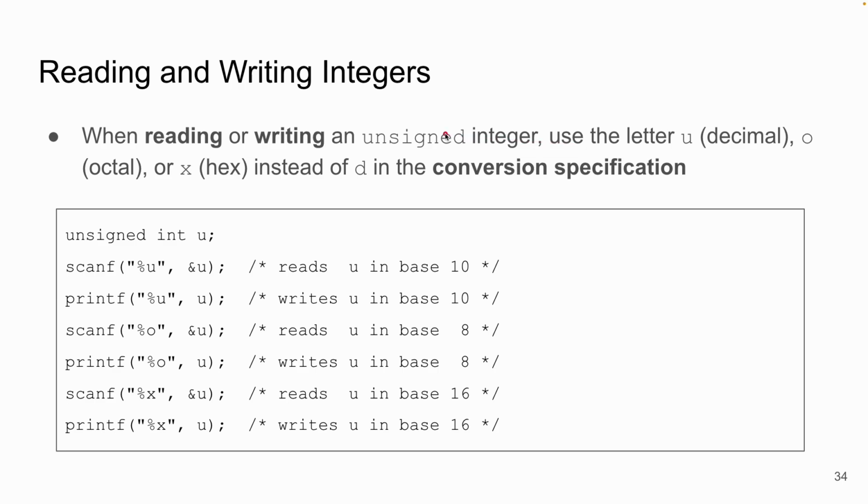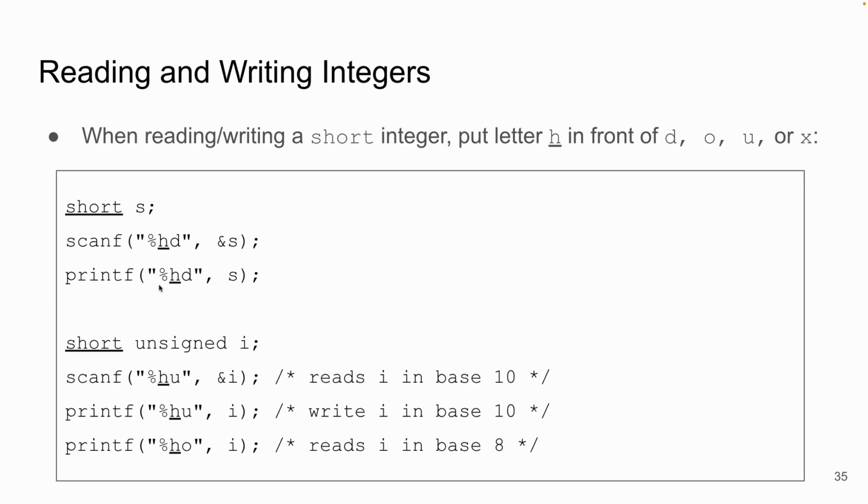To read the unsigned integer, we need to write down %u. But when we use %u, that means that we read this unsigned integer in the decimal format. So that is the correct meaning of %u. Sorry that I just read too quickly. Okay. So that is for the unsigned integer.